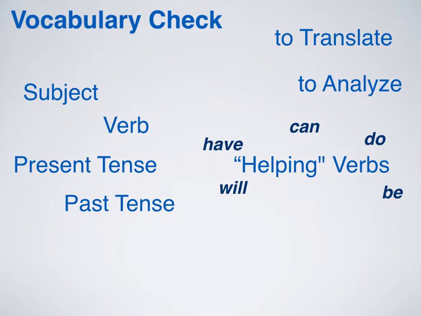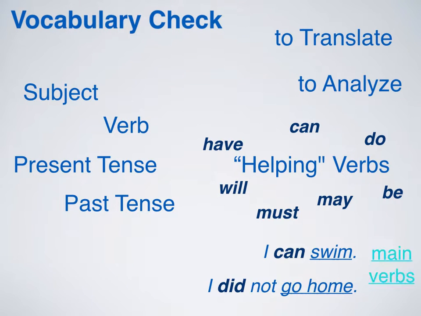Here you can see some examples of different types of helping verbs. And here are 2 example sentences with the main verb and helping verbs highlighted. The helping verbs add meaning to the main verbs.